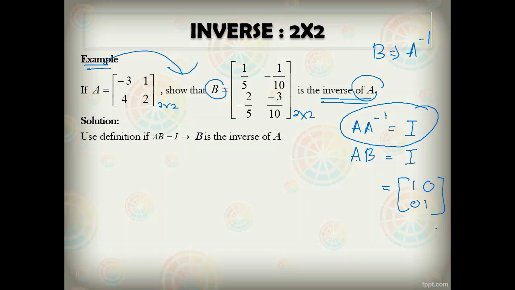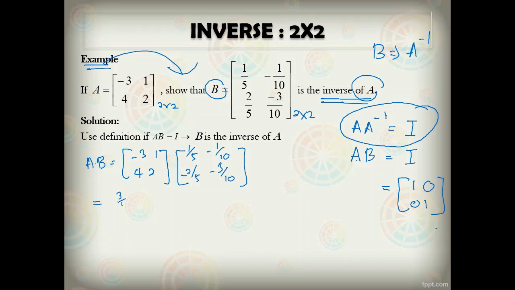Alright, let us multiply A and B. We have minus 3, 1, 4, 2 multiplied with 1 over 5, 2 over 5, minus 1 over 10, minus 3 over 10. We do this first: minus 3 over 5, plus 1 multiplied with 2 over 5.